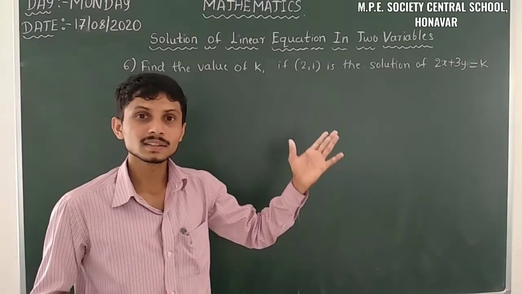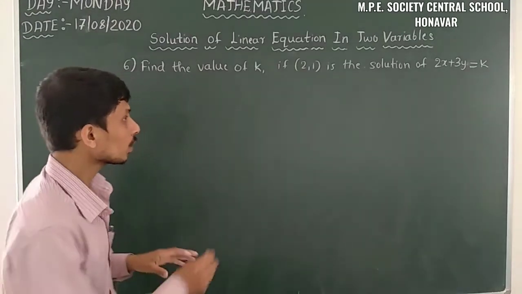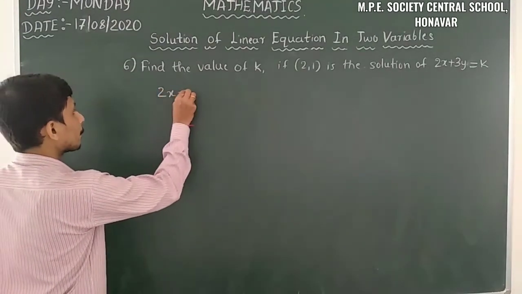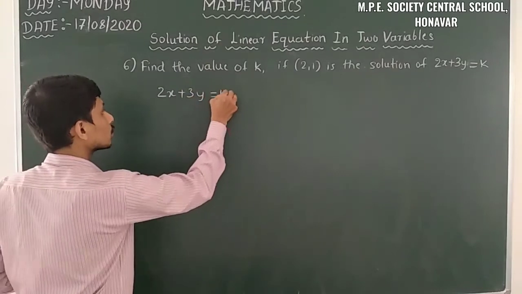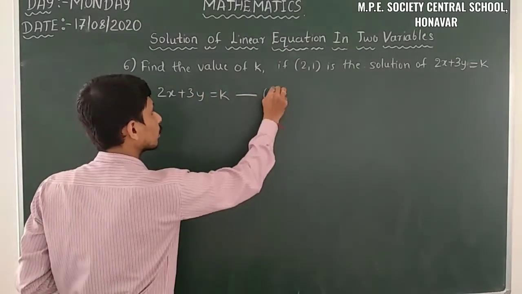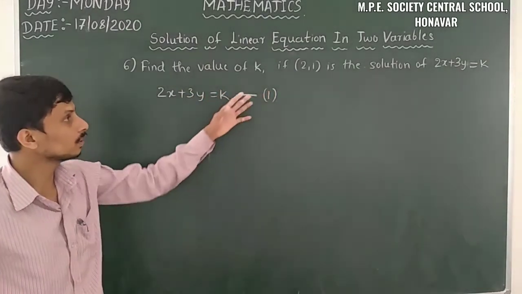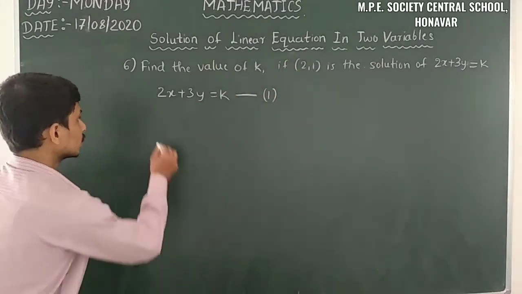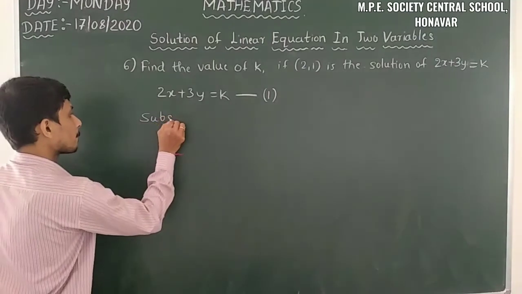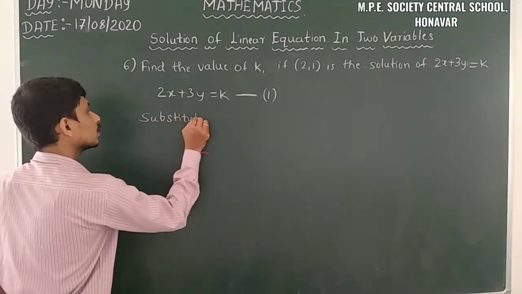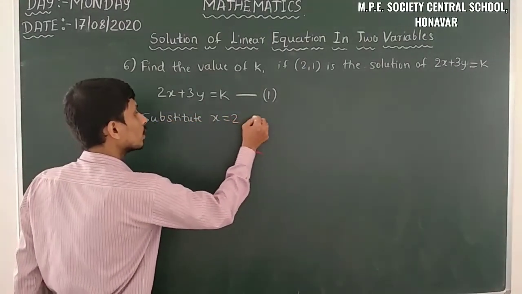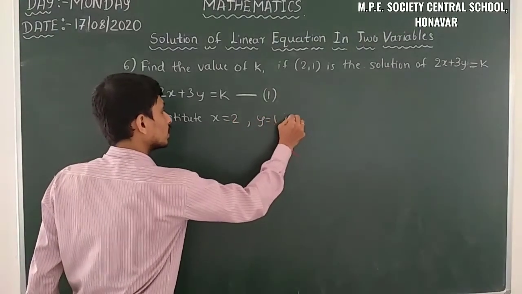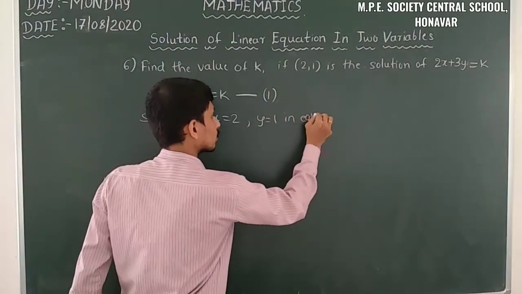Let us take that equation, 2x plus 3y is equal to k, as equation number 1. Substitute x is equal to 2 and y is equal to 1 in equation 1.